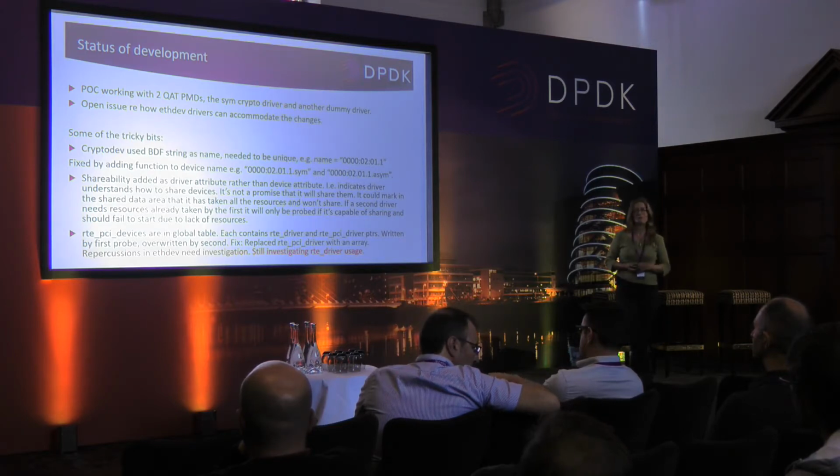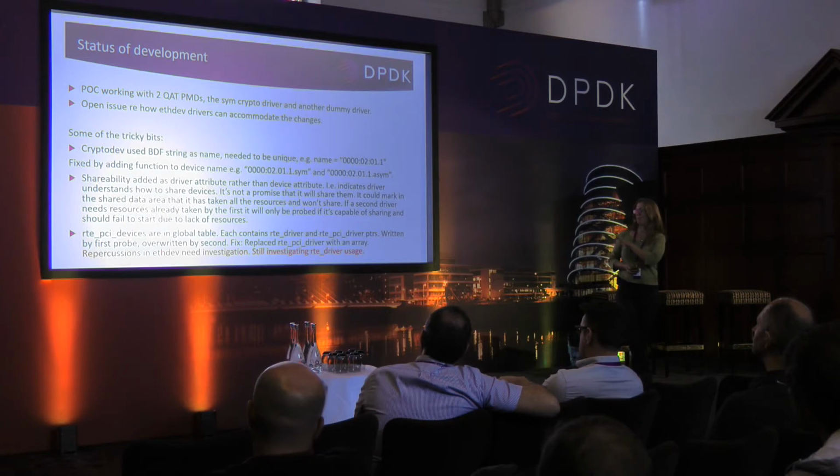So actually, the slides that Ferru presented earlier would be quite useful for this. And the trouble is there's only one pointer. So there's an inbuilt assumption that there is only ever one driver per device. And I've changed that to add an array for one of those two pointers, and it works fine for my application, but I obviously can't test other applications, and there's definitely work to be done to get this tested and working right, because at the moment I'm not sure how far that assumption is built into ethdev.